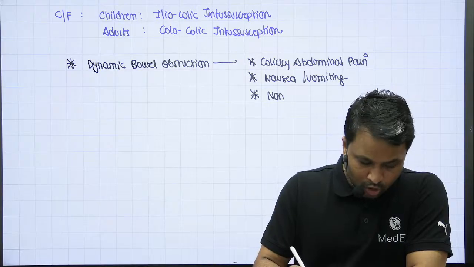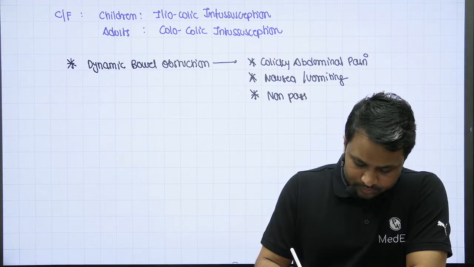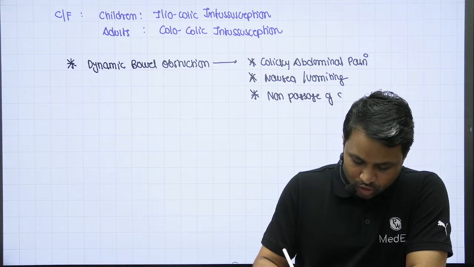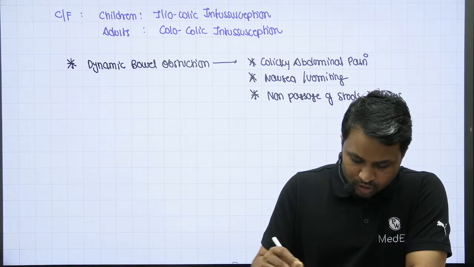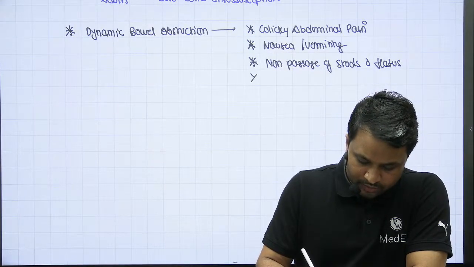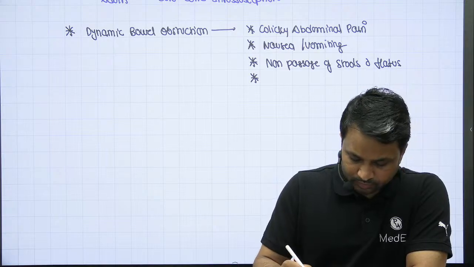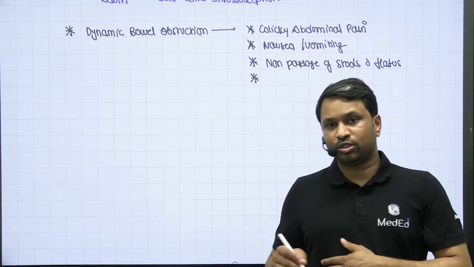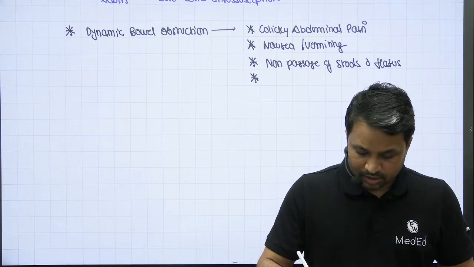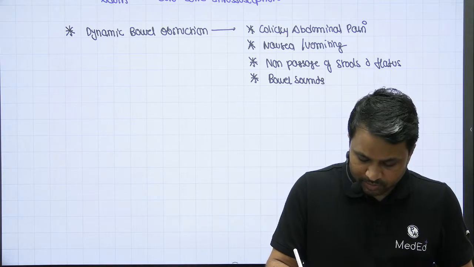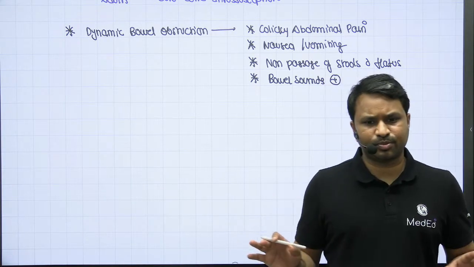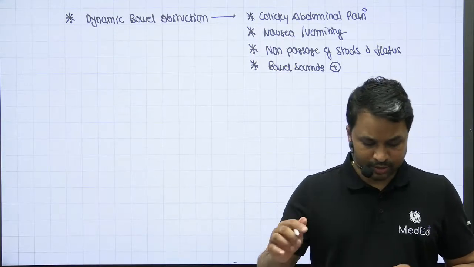There is non-passage of stools and flatus. So the colicky abdominal pain, nausea, vomiting, non-passage of stools and flatus. And here the bowel sounds are usually present with increased intensity. That's the first presentation that you have for dynamic bowel obstruction.